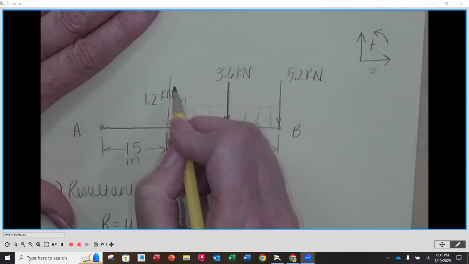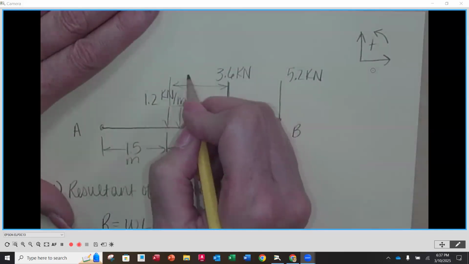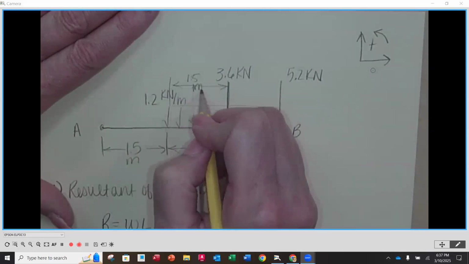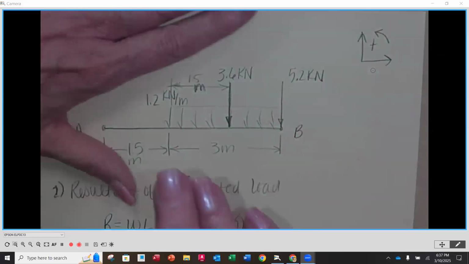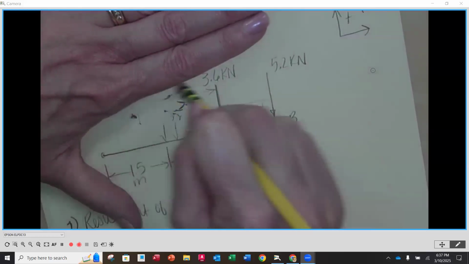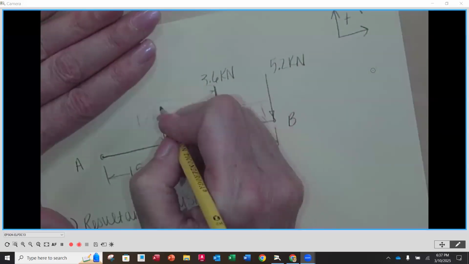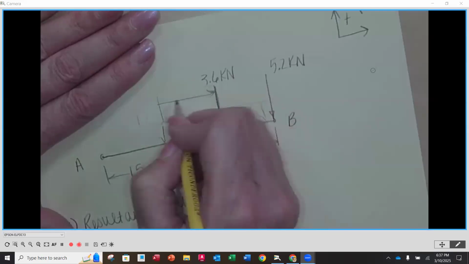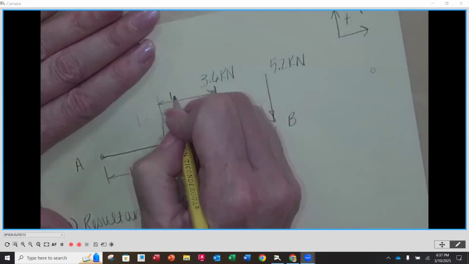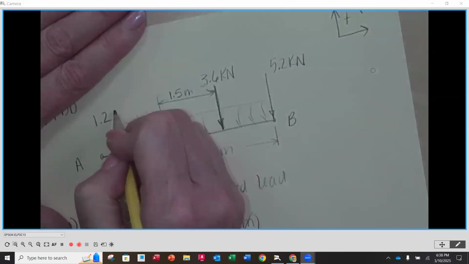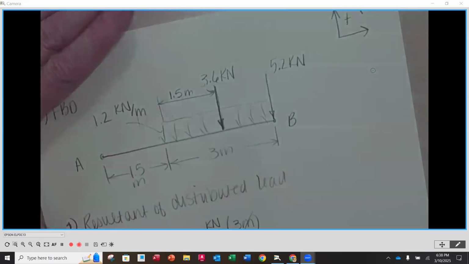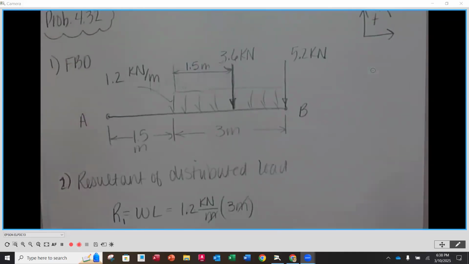I'm just going to show it being half the distance, 1.5 meters here. Does that make sense? Oh, that's ugly. That's why we have an eraser, Kelly. Let's make it look nice. So from the edge here, this is going to be located 1.5 meters in, and this value here is 1.2 kilonewtons per meter. I think that's better. Does that make sense?